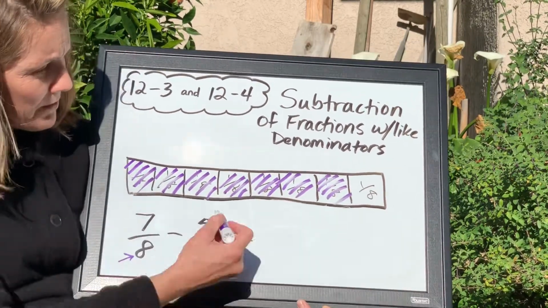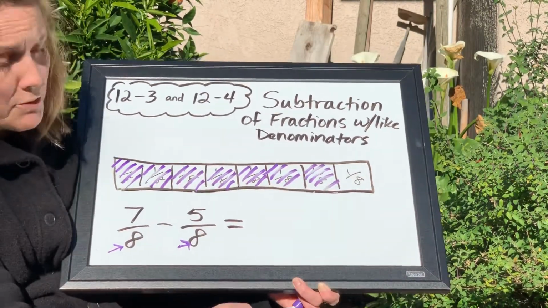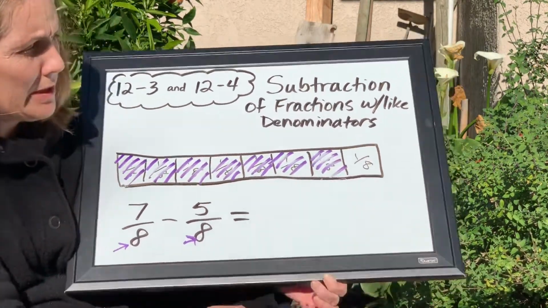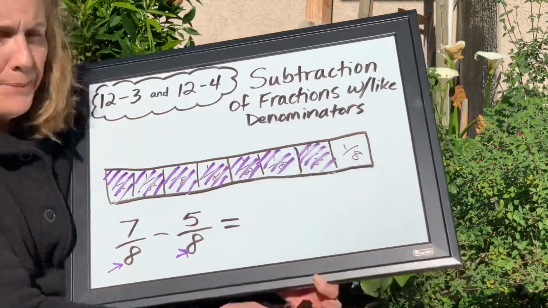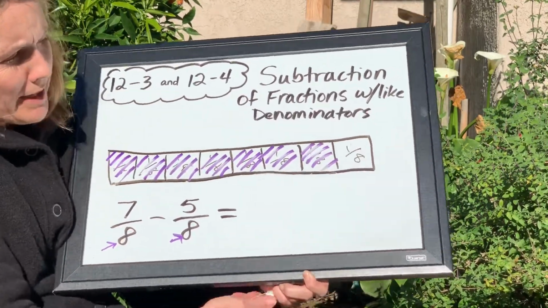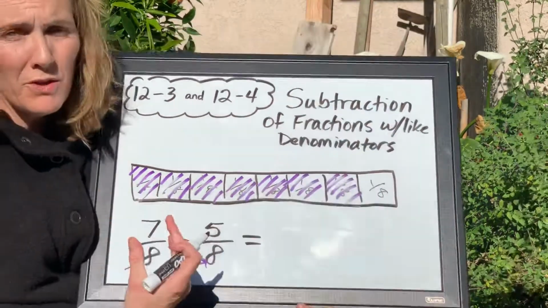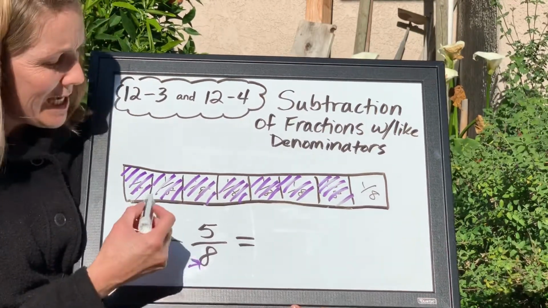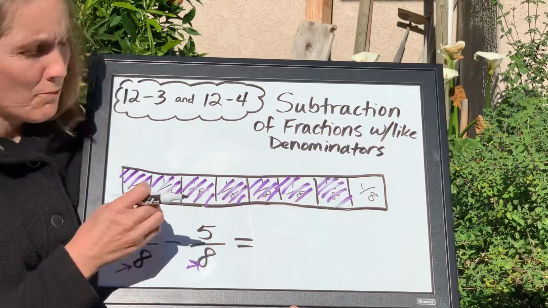So let's take a look at 7/8 subtract 5/8. I'm going to use a different color. When we subtract, you can use your graph paper at this point and just make it simple. Keep 1 box per.